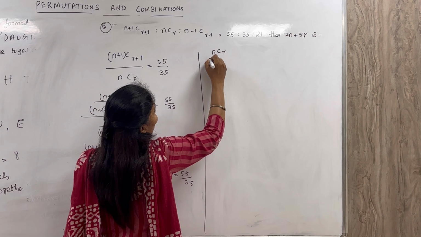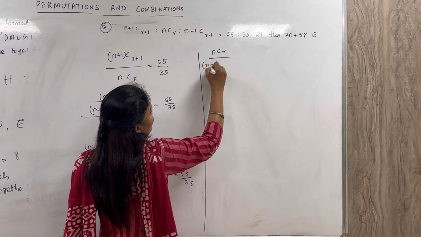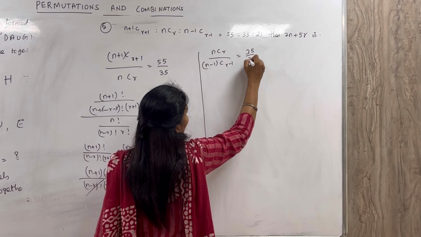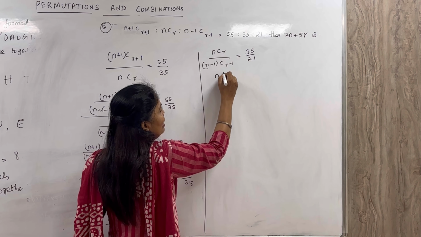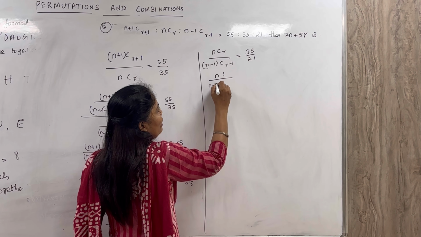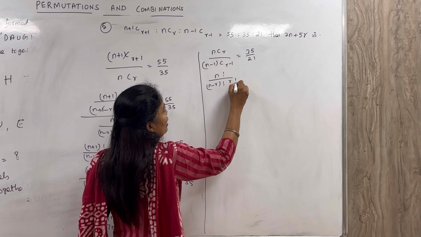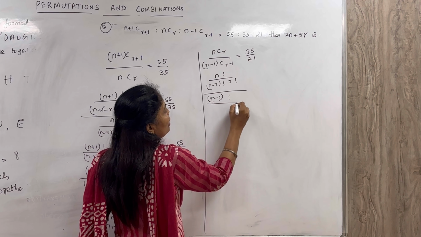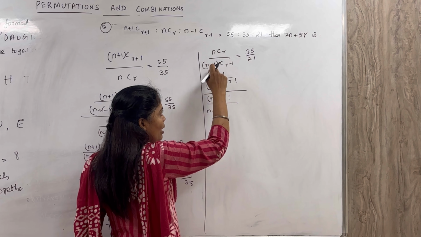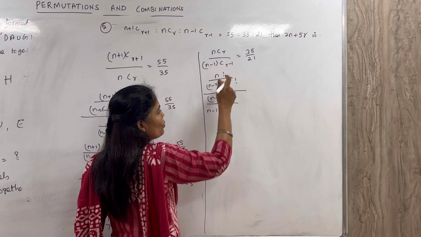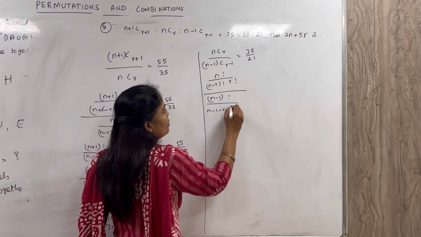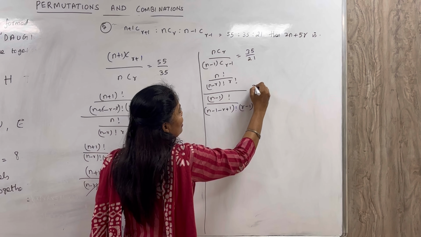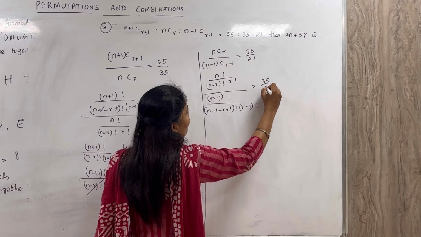nCr divided by (n-1)C(r-1) is equal to 35 by 21. Again use the same formula: n factorial by (n-r) factorial into r factorial, divided by (n-1) factorial into (n-r+1) factorial into (r-1) factorial, equal to 35 by 21.